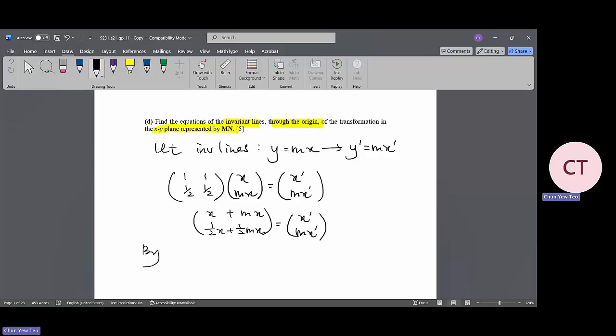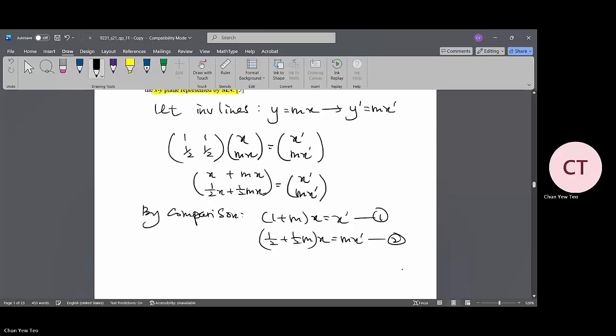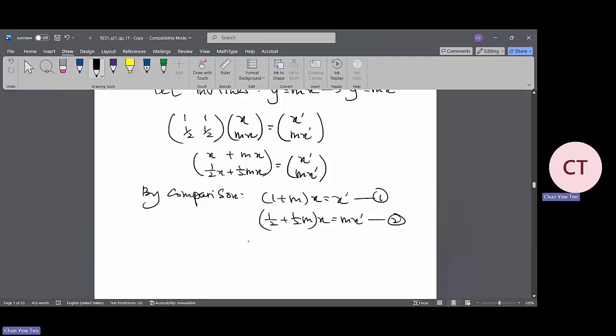So by comparison, you get 1 plus m, x is equal to x prime. That will be your equation 1. And then half plus half m, x is equal to mx prime. That will be your equation 2. Then take the first equation divided by the second equation.